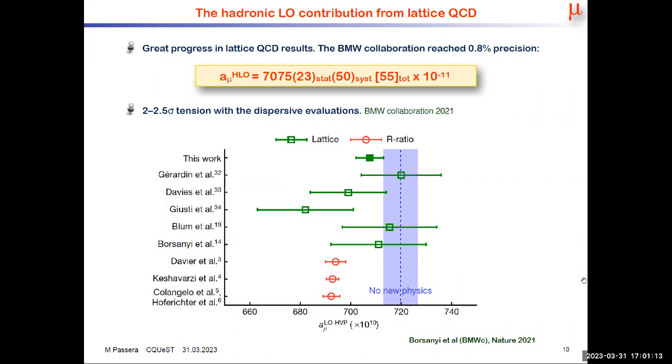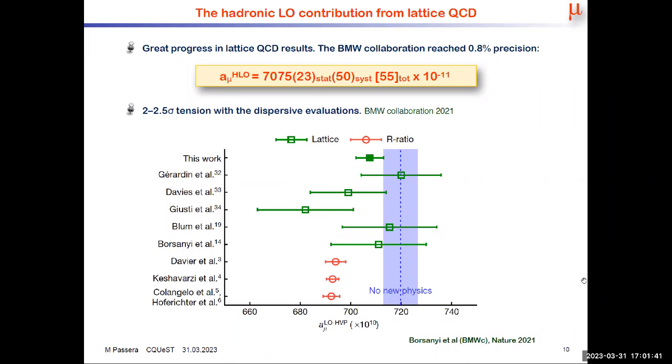Let's call them the dispersive approach ones. The dispersive ones that I showed you a moment ago are here, and the value in this squared block here is the value from the BMW collaboration. So this result has been obtained on the lattice. You see, very, very precise. There were other results before, of course, but this one is the first at this level of precision.